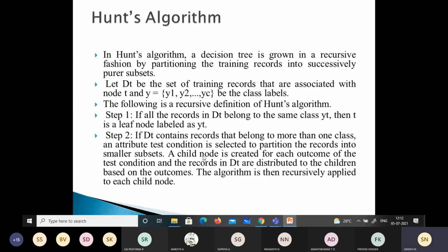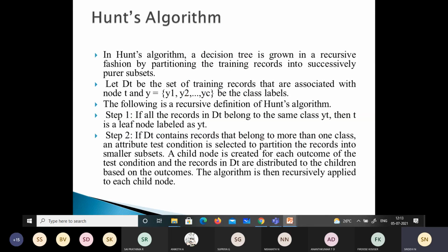And this will recursively be applied to every child node until we get purer subsets. We will run this recursively. We take some attribute test condition, we partition the records, and there again we get child nodes. There we find whether they are pure or impure.